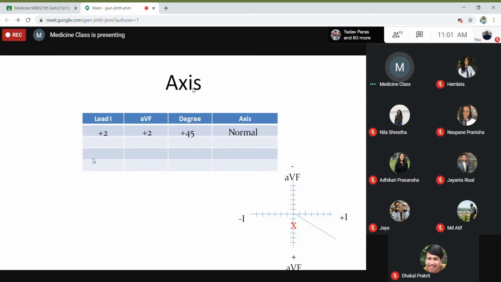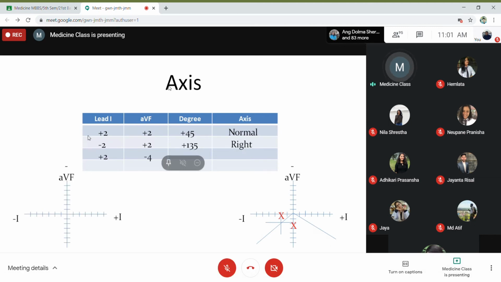Then if lead 1 is -2, so minus is over here, and AVF is +2, then the resultant vector would be somewhere here. So it's +135, and this will be right axis. So lead 1 is negative and AVF is positive: right axis.